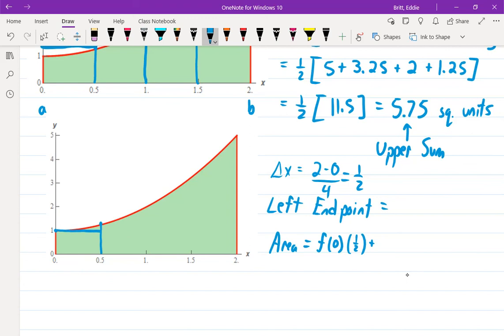That's where the height would be here. And I'm going to go over to my next x value, 1. So that's f of 0.5 times 1/2 plus. Now I'm here at 1. This gives me the height of the rectangle. If I do f of 1, that's my y value. I'm going to go over to 1.5, because that's 1/2 of a unit away. All right, so that was f of 1 times 1/2.